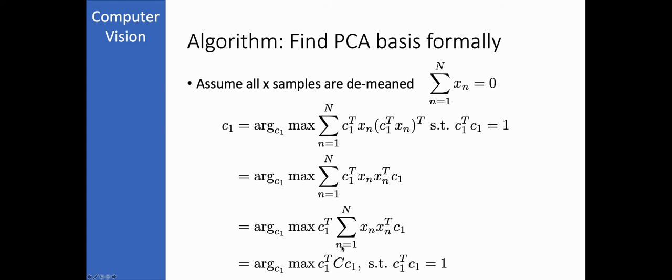So then C1 transpose times the sum times C1. And notice that this form here is actually the empirical covariance matrix of the samples, which I can write simply as capital C. So this maximization boils down to maximizing C1 transpose times the empirical covariance matrix times C1, such that C1 is a unit vector.